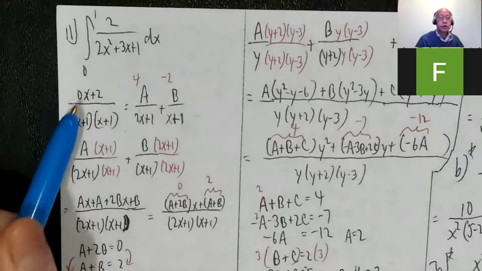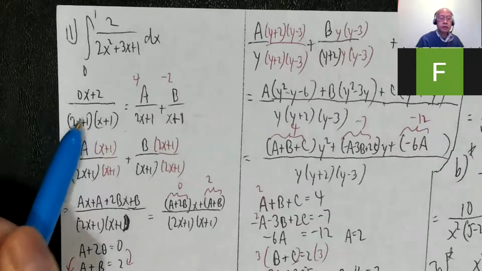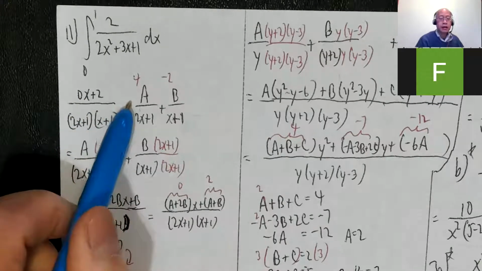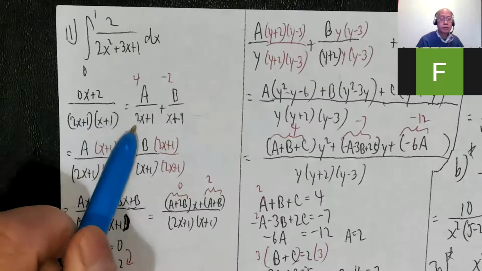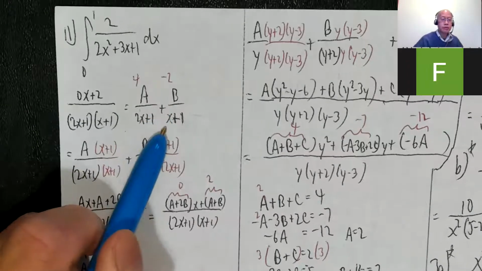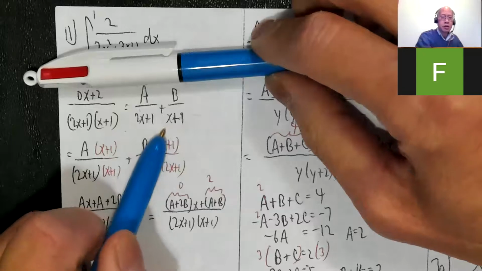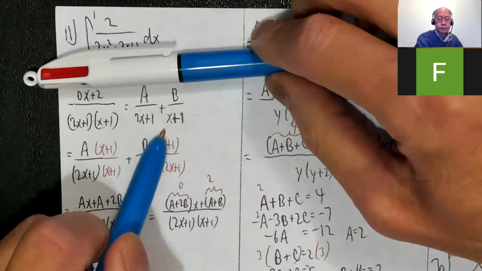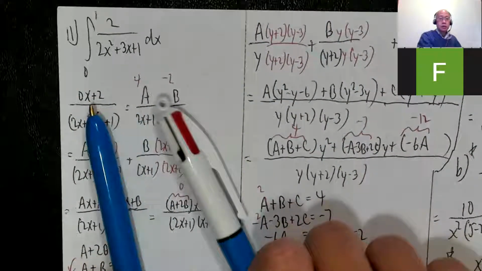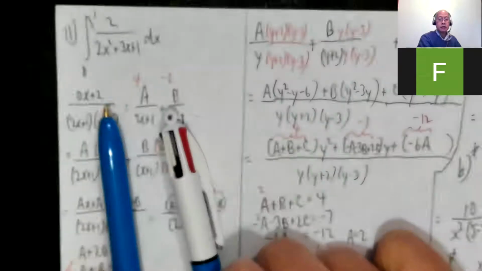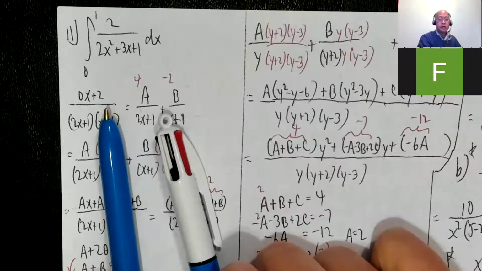So 2 over 2x plus 1, x plus 1. Break it down into A over 2x plus 1 plus B over x plus 1. Temporarily ignore the 4 and the negative 2. Those are going to be the answers. But how do we get those answers? From what we did yesterday, start off with A over 2x plus 1 plus B over x plus 1.